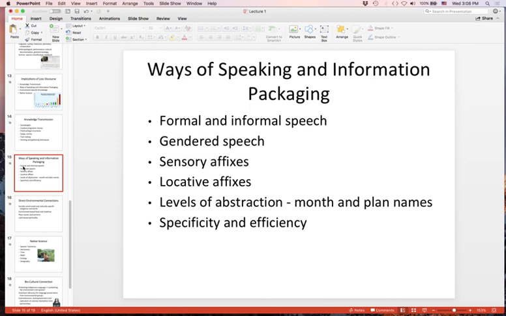And language has a variety of unique mechanisms for packaging that, whether it's gendered speech or affixes or prefixes, things that describe sense of time and place and smell or location. Those can all be packaged up and captured within language.